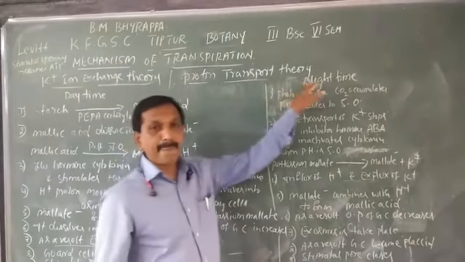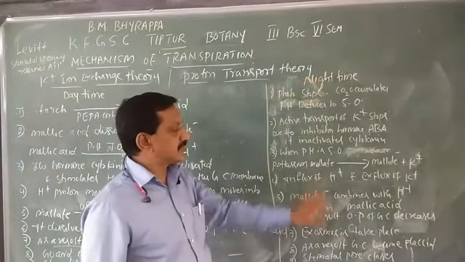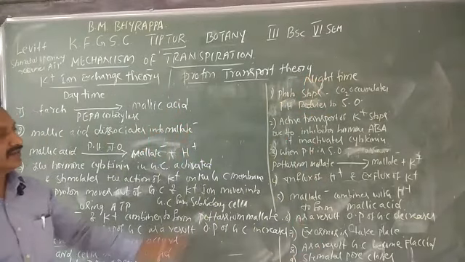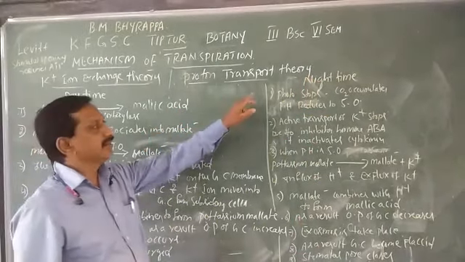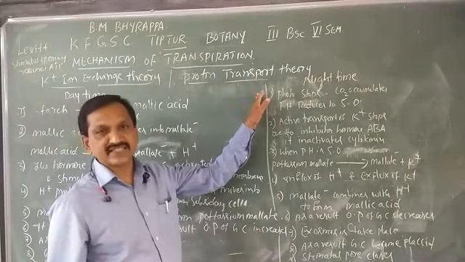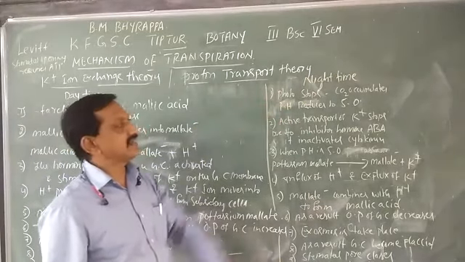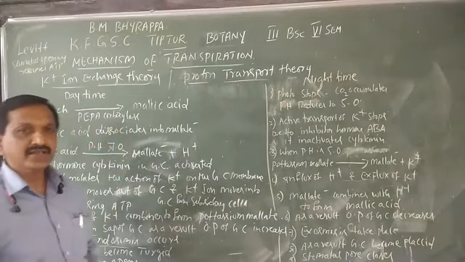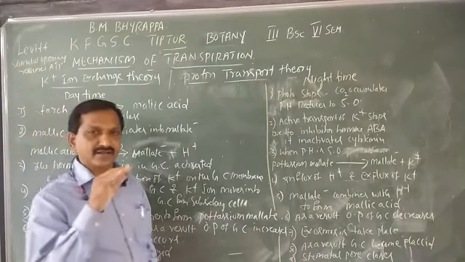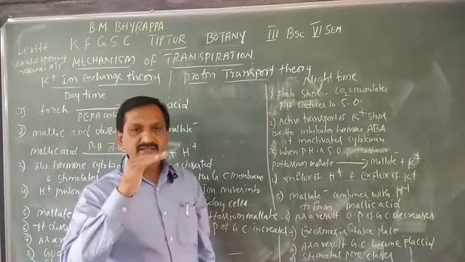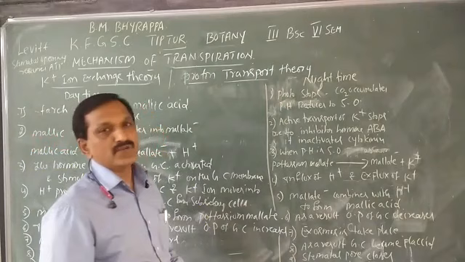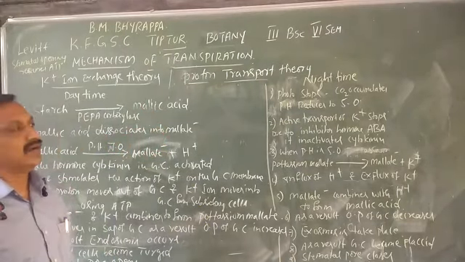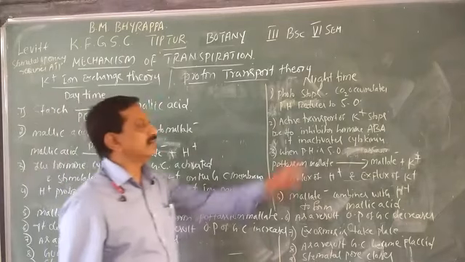During night time, the following changes take place inside the guard cells. During night time, photosynthesis stops, and as a result, carbon dioxide accumulates in the guard cells. Due to the accumulation of carbon dioxide in the guard cell, the pH of the guard cell decreases, or becomes more or less 5.0.